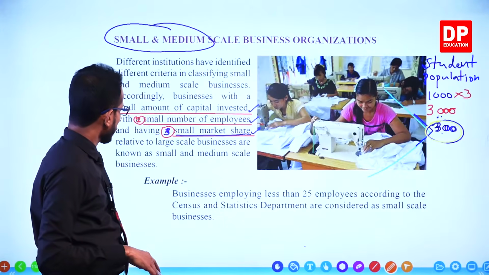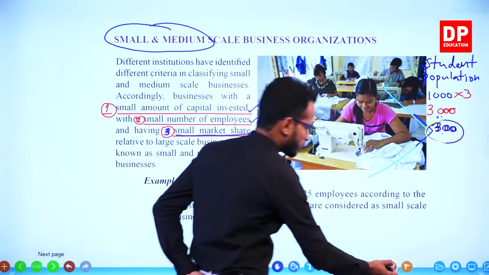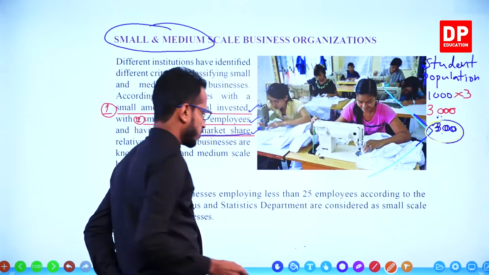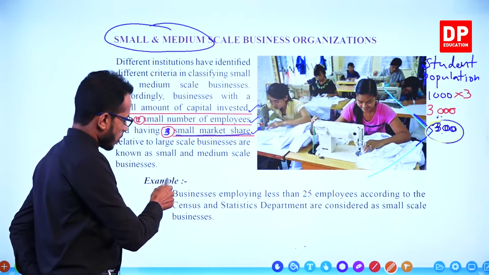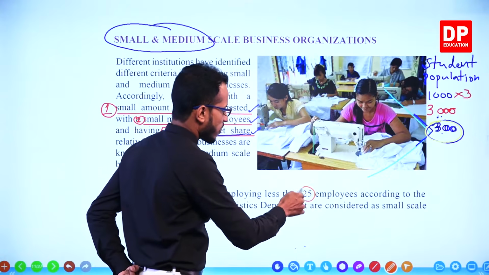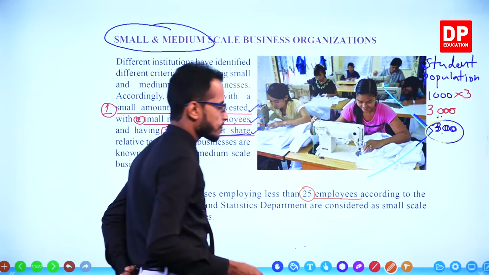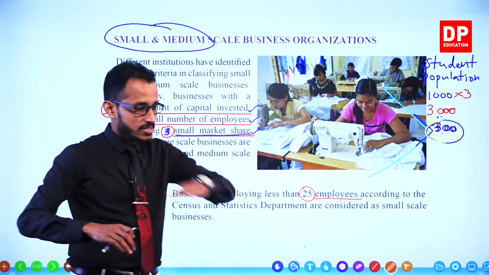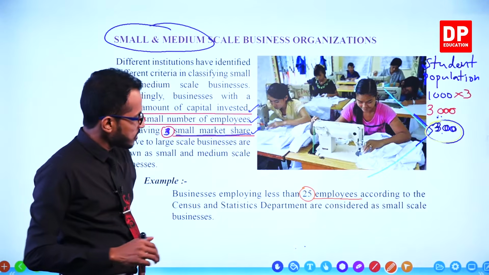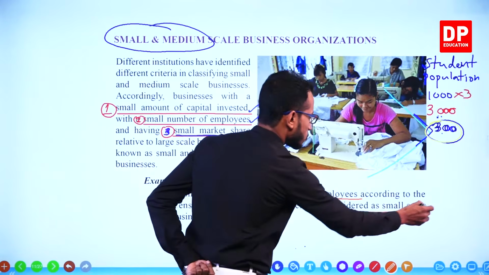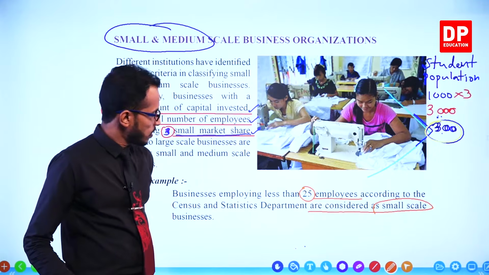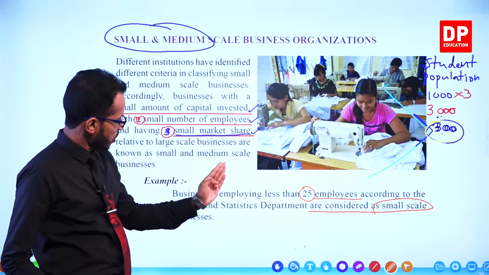All right. And I have something here, children. This is for your knowledge. A business employing less than 25 employees, that is the benchmark, the cutoff mark, is considered a small scale business.